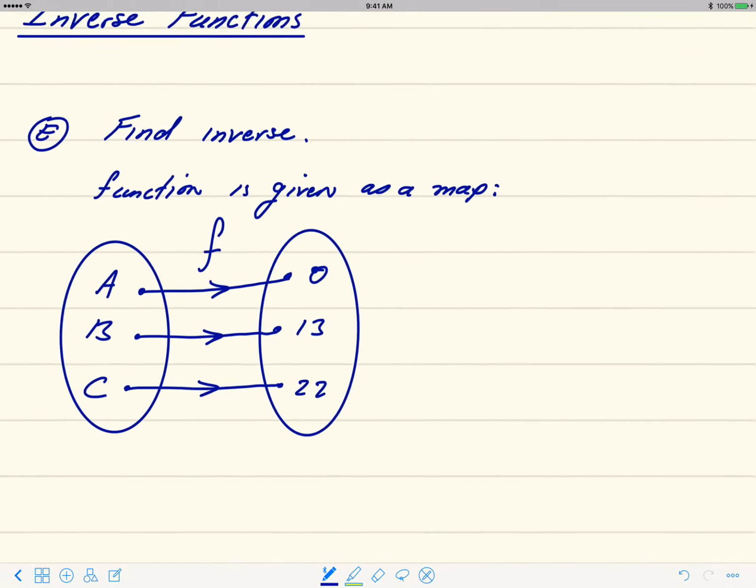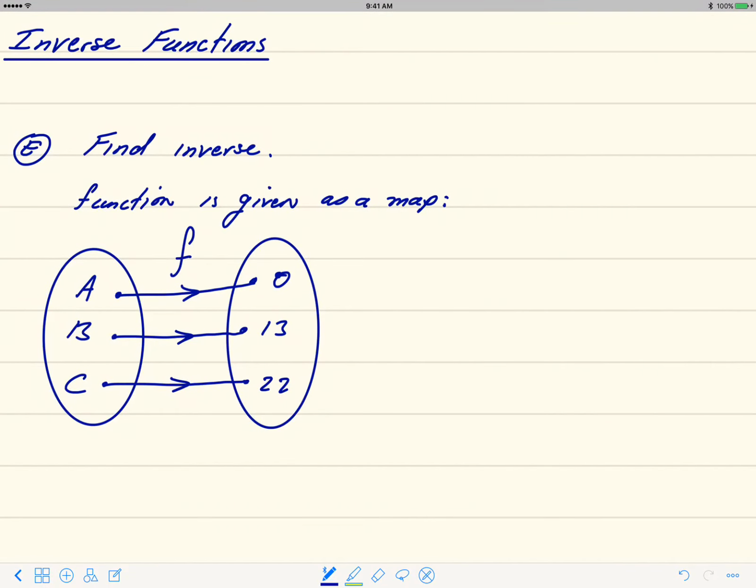Now to figure out the inverse function, we first want to identify the set of inputs, so that's the domain, and the outputs, that's the range. And what the inverse function is going to do, so here we'll say inverse function, and we'll label it as f with a little -1 on top. That's not an exponent, that's just instead of using the word inverse, we can write f with a little -1 on top.